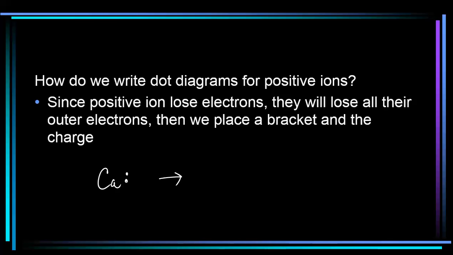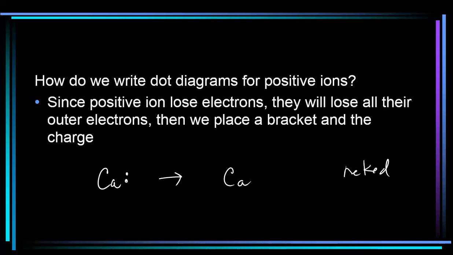So when it loses 2, it loses it from the outer shell. So it would appear to us as just Ca. But that can be kind of confusing because that's just a symbol. So the way that we communicate that we're dealing with dot diagrams is by leaving it what I like to call naked, which in East Tennessee means that boy does not have any clothes on.